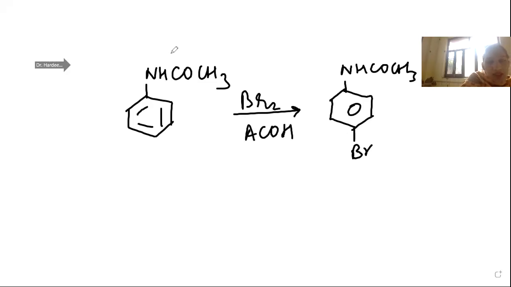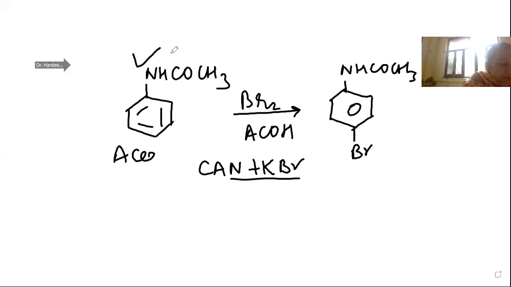But as we are using the green chemistry approach, in this case we will be using ceric ammonium nitrate plus KBr, which will provide Br positive. That Br positive will react with this acetanilide.